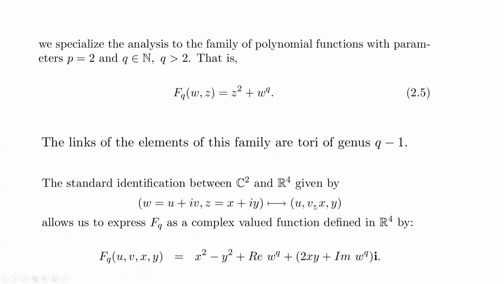W is U and V, Z is X and Y, and we express these functions from R4, with this identification, to C. This is the real part, and this is the imaginary part. We have a function from R4 to C, and this is the expression of it. For any Q, it's a family that realizes surfaces of any genus.